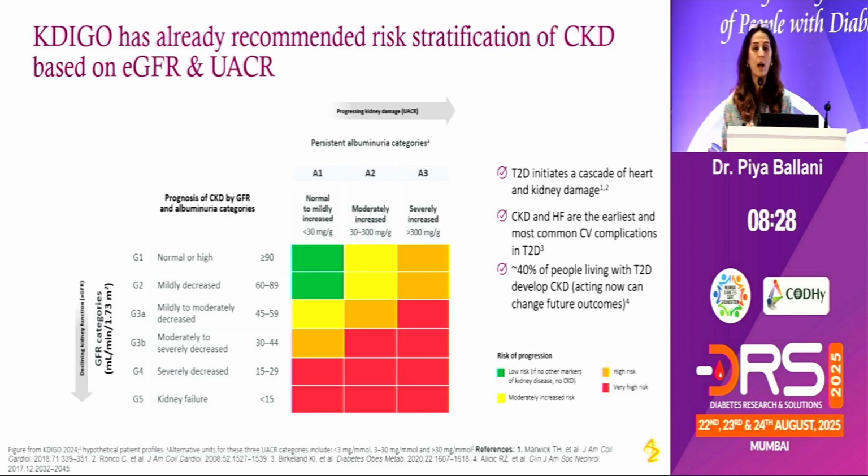So KDIGO, for example, is a very often used tool incorporating not only eGFR, but also albuminuria, and the addition of albuminuria has really helped us understand the projections, or rather the prognosis, for our patients with CKD as well. So imagine today, let's say a patient's eGFR is 55.